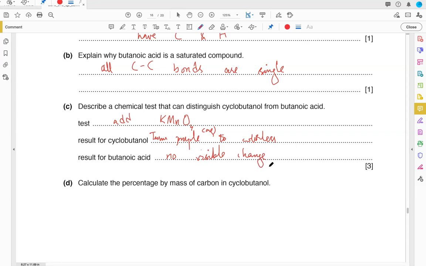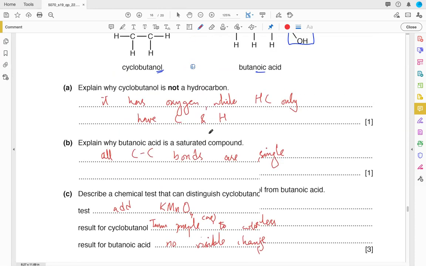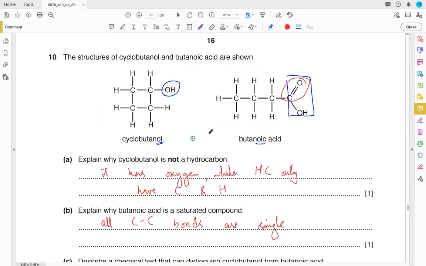Another important thing that you can do is, what is one reaction of acid that alcohol cannot do? You can react alcohol with an acid, it will form an ester, but acid with an acid will not make an ester.